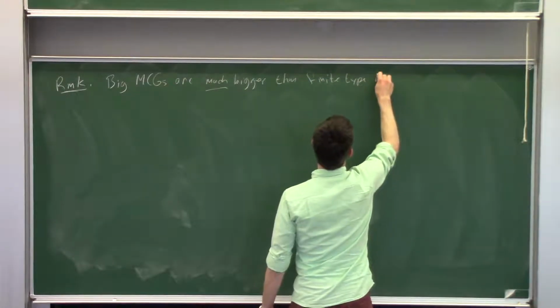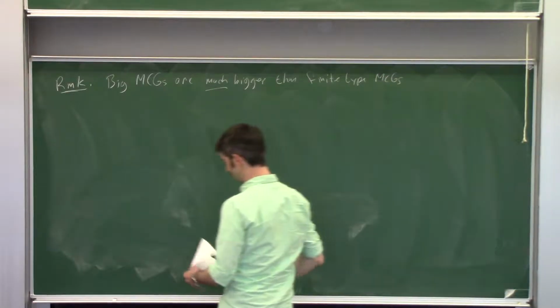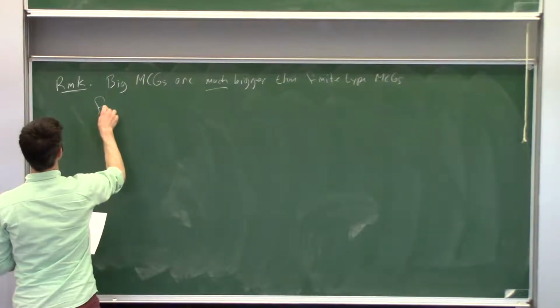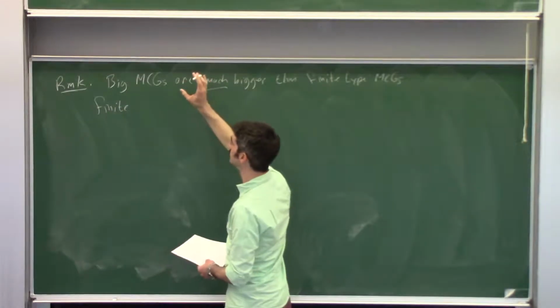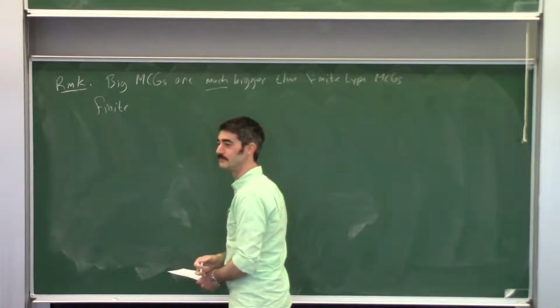Finite-type ones. Okay, let me make a little table here. So this is the finite type. There's no argument, it's just an abbreviation for mapping class group.